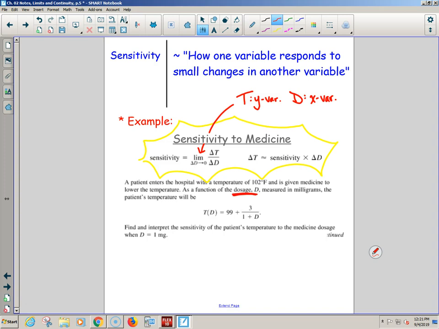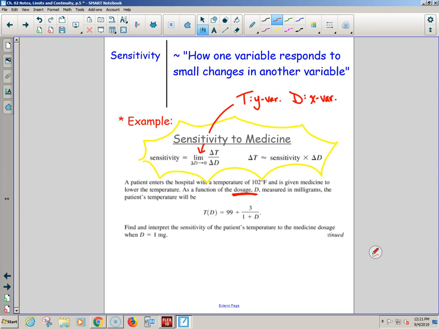But find and interpret the sensitivity of the patient's temperature to the medicine dosage when D equals 1. So when the dosage is 1, which can change, dosage is 1, dosage is 5, dosage is 10, how sensitive will the person's temperature be? So what do we actually do?